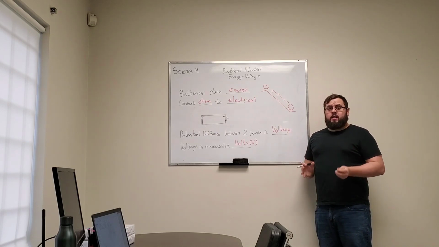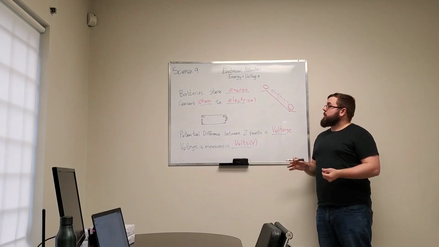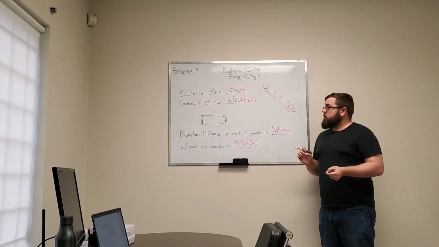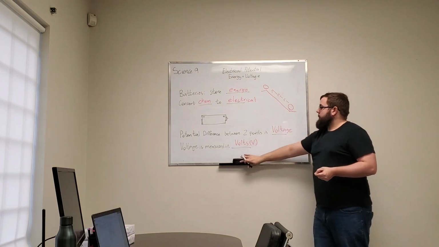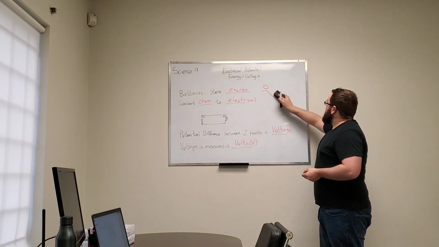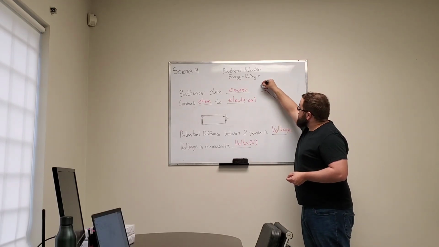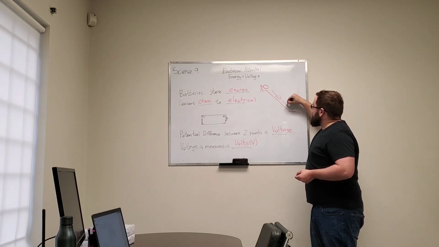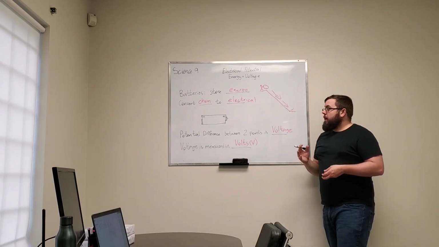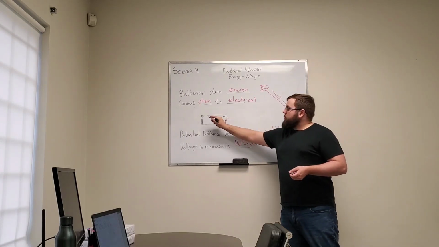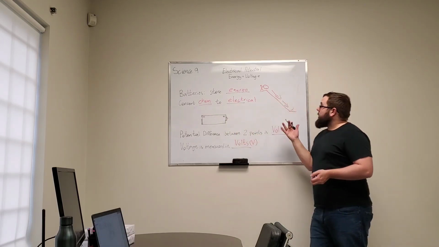It's got potential energy there. It could do something. With a little bit of a push, it could go all the way back down. With a little bit of a push, we could have this rock move downwards. So that's the same idea here. With a little bit of a push, we can put it into a circuit and we could have that energy.